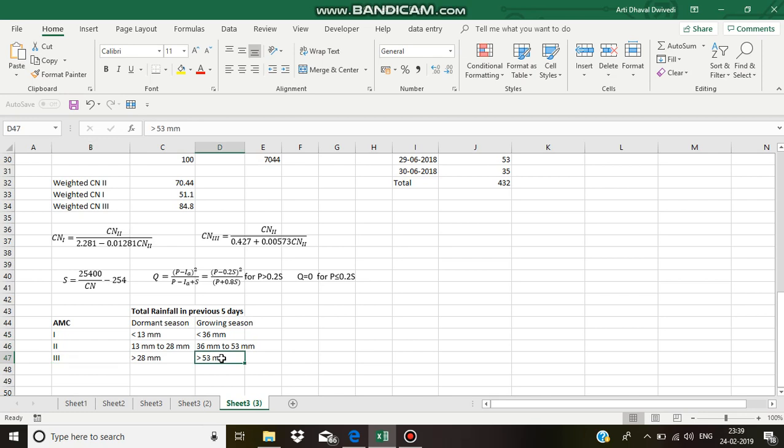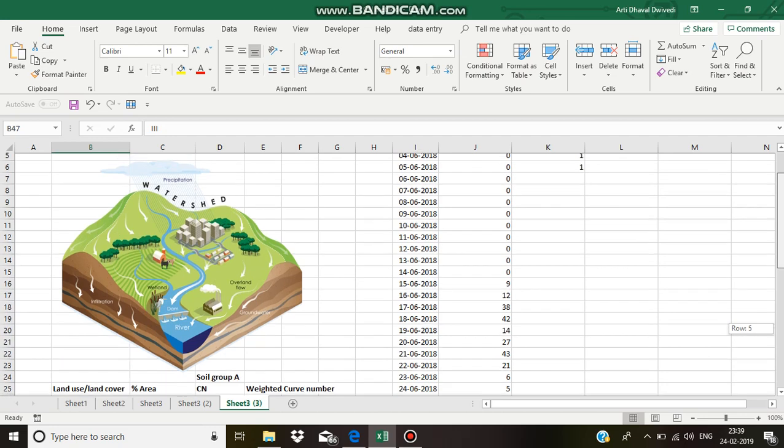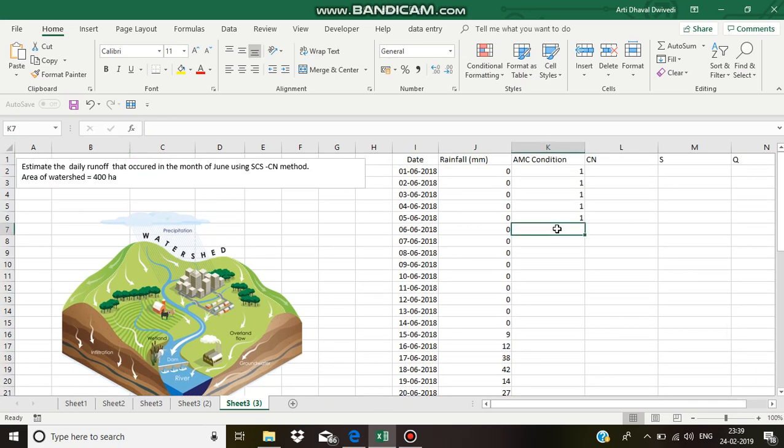And if the rainfall in the previous 5 days was greater than 53 millimeters, then the condition would be AMC 3. So we'll insert a similar kind of equation to represent the correct AMC condition.